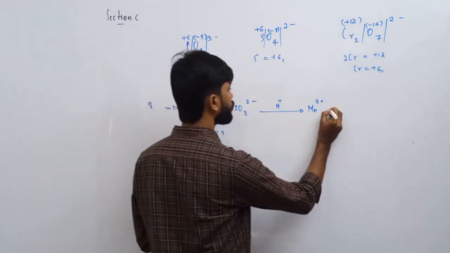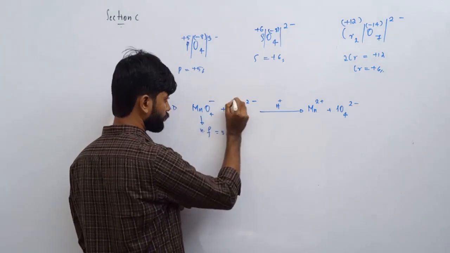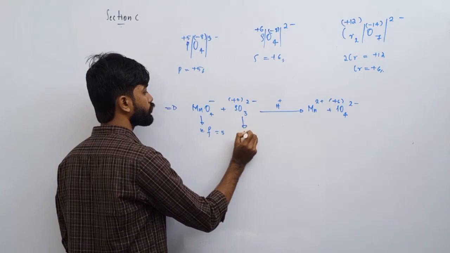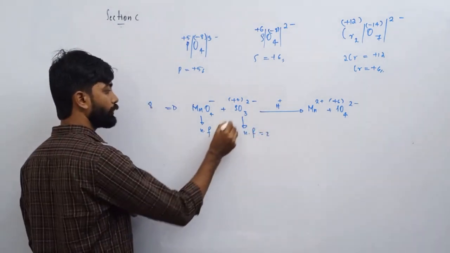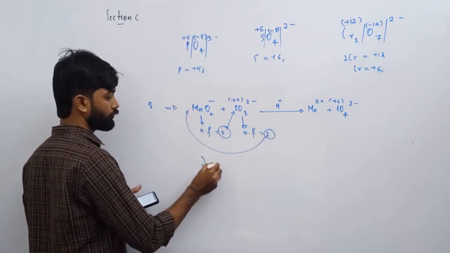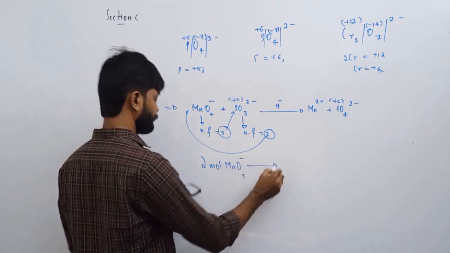Yeah, and your SO3 2 minus turns to SO4 2 minus. What about the n factor? +4 to +6, the n factor is 2. So this n factor will be here and this n factor will be here. So it is clear that 2 moles of MnO4 minus are required for 5 moles of sulfite.